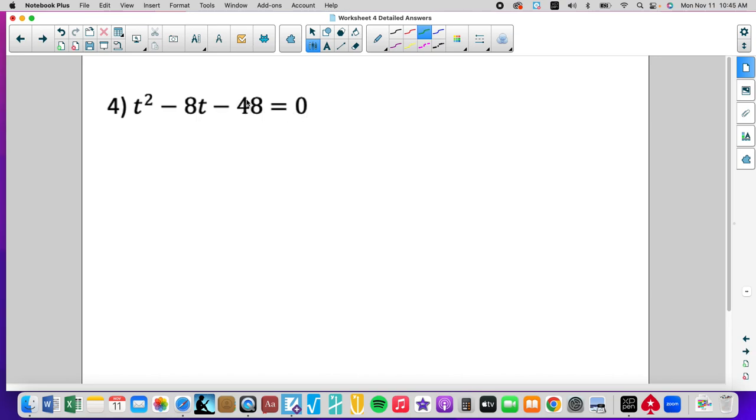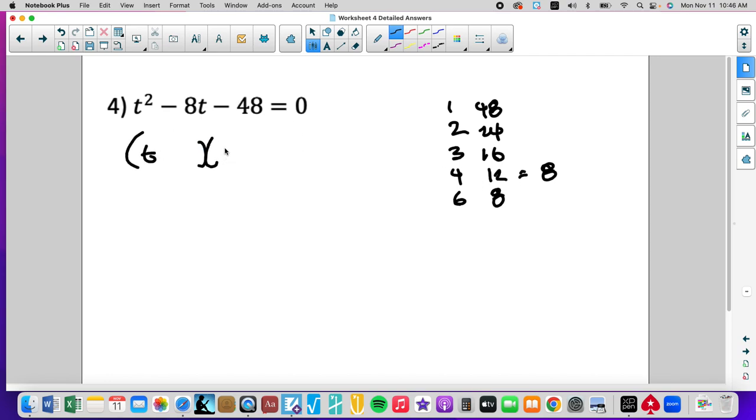Okay, factors of 48 that when subtracted equal -8. So we have 1 and 48, 2 and 24, 3 and 16, 4 and 12, 5, 6 times 8 is 48. We're subtracting to equal 8 right here. This is 8, -8. So the bigger of the two is going to get the negative.